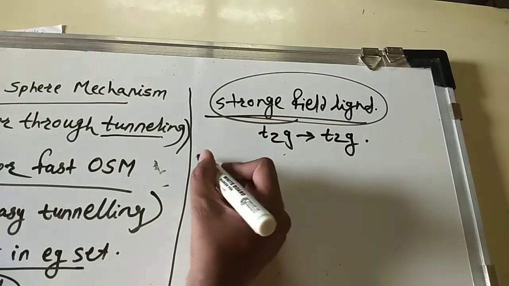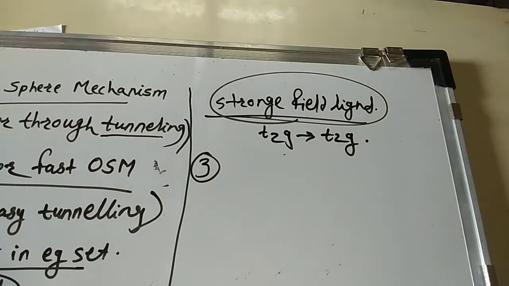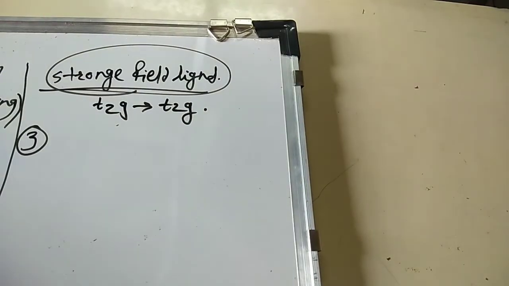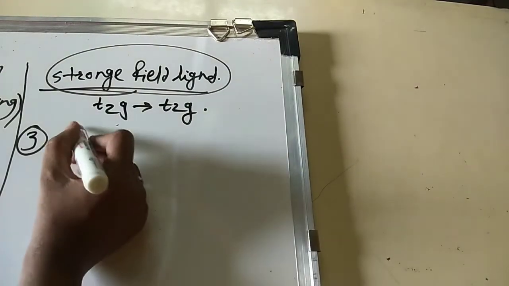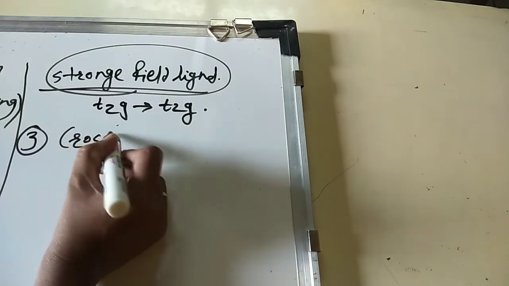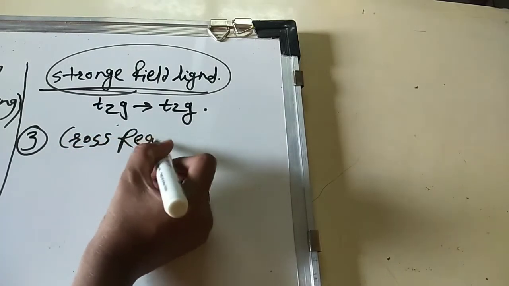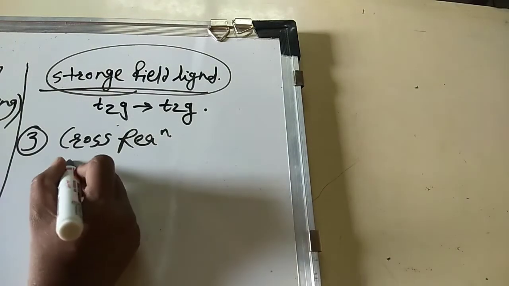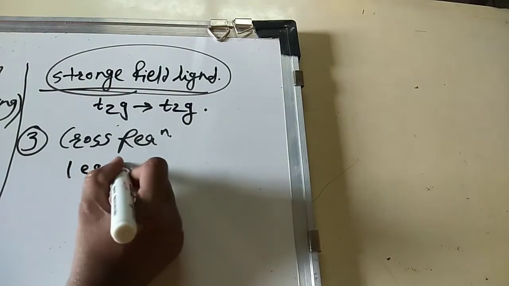Okay, the third condition for the outer sphere mechanism is the cross reaction. It involves transfer of one eg electron.